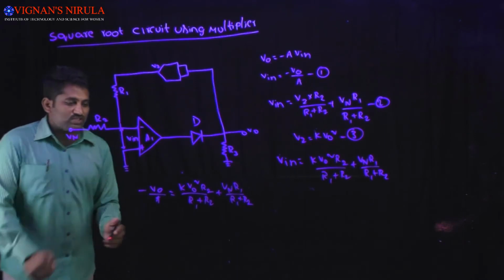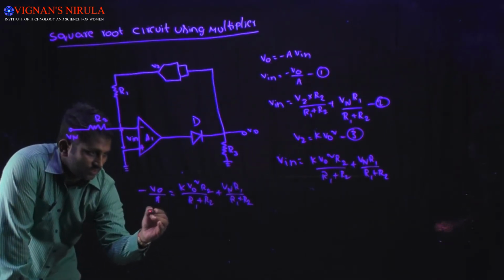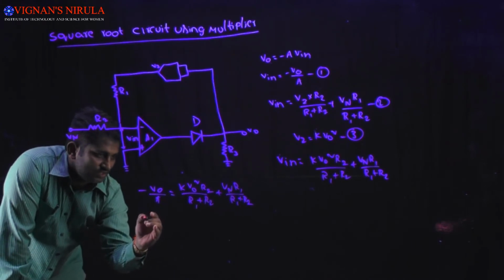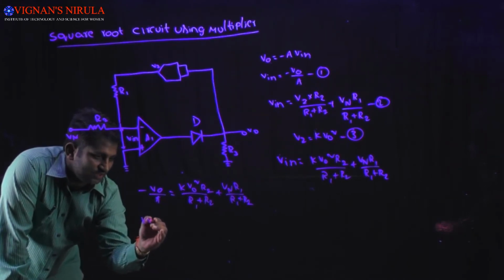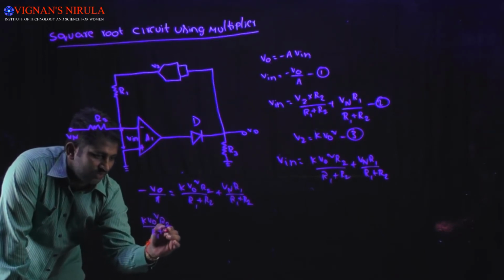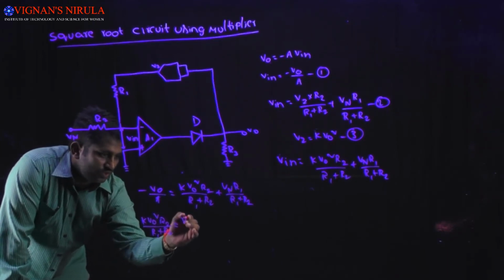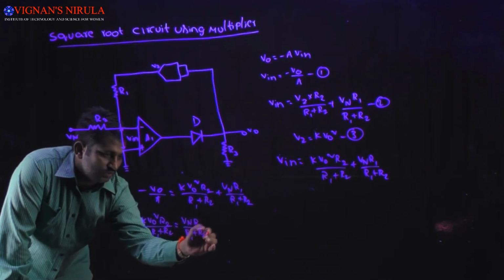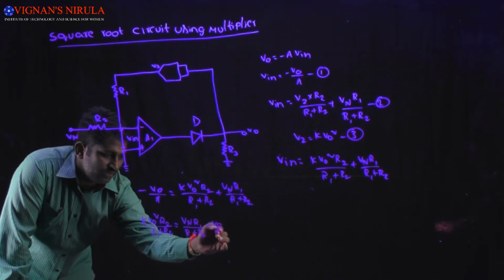Rewriting, we take this term to that side and this term to this side, so we get K into V naught square R2 divided by R1 plus R2 equal to Vn into R1 divided by R1 plus R2 plus V naught divided by A.